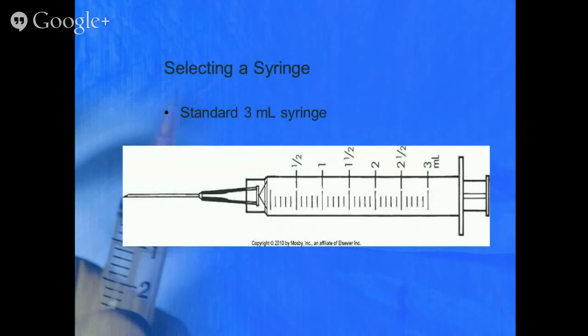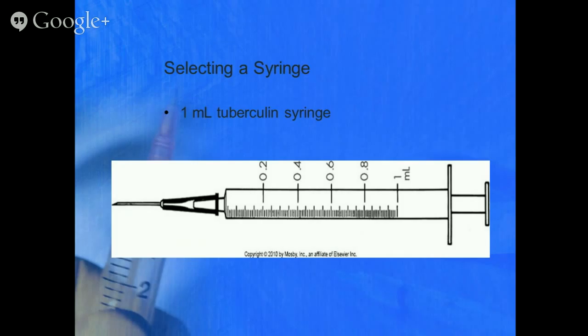But if you're doing a smaller amount, you're going to want to be a little more accurate. So then we have a 1 ml tuberculin syringe, where the lines on it are more accurate. We can go up to the 100th on that, because each of the tiny lines on there is one 100th, and each of the larger lines is 1/10. So it's easier to get a more accurate reading when you're doing a small amount.